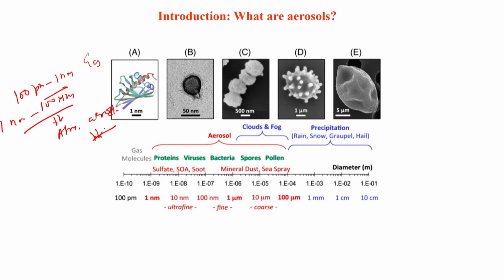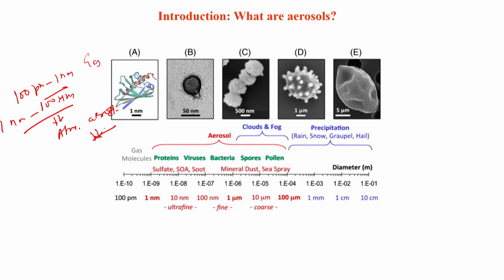And then you have cloud and fog. Cloud here means cloud droplets, not the cloud system as a whole, because the cloud system becomes a very big thing. So, cloud droplets and fog droplets are also considered in the atmospheric aerosols.